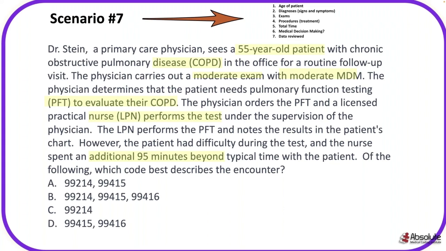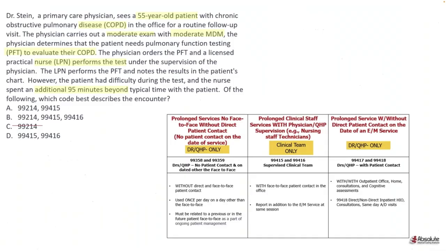All right. So let's do our, well, can you eliminate anything on sight based on what you know or what we've reviewed in terms of guidelines? Well, I think we can eliminate C, 99214, because that's only coding for the physician. It is not coding for the clinical team supervised by the physician.